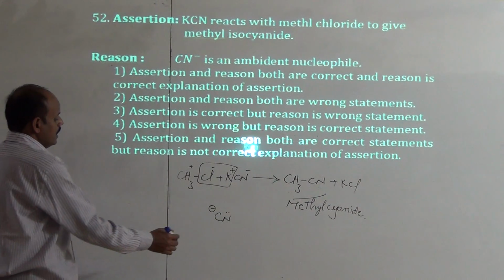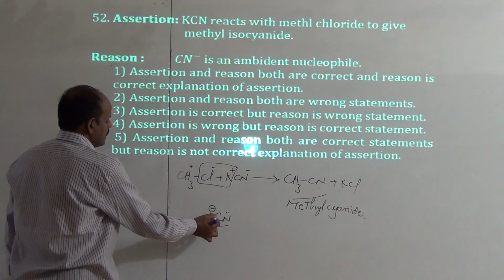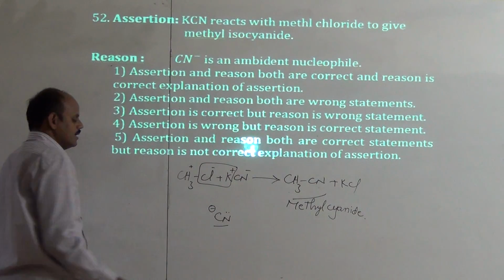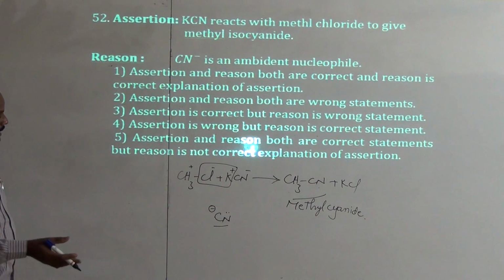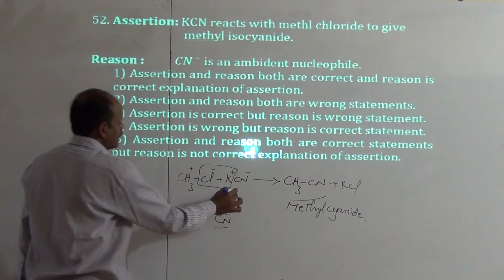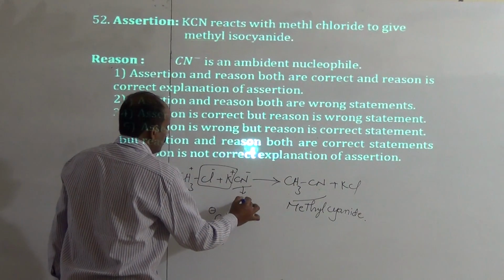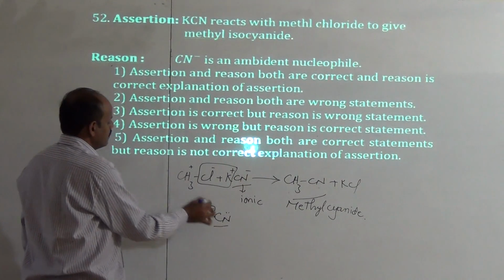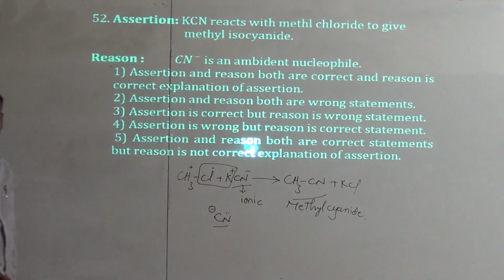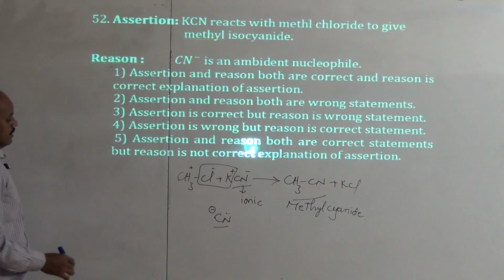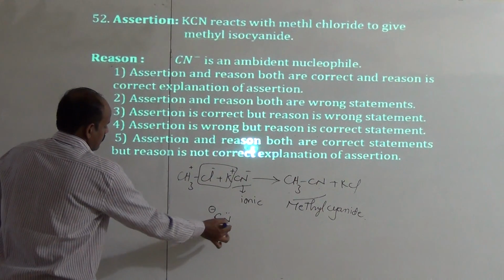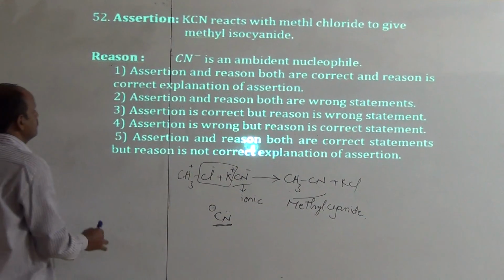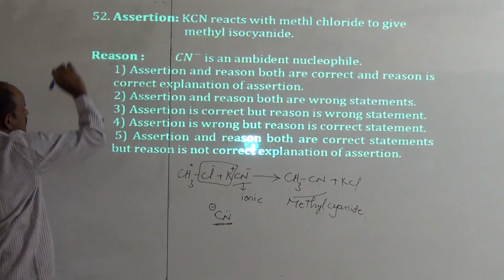Thus it is an ambidentate nucleophile, meaning either can attack, but KCN is more ionic. Hence the carbon of CN attacks this carbon. Thus we get cyanides. Even though it is an ambidentate nucleophile, C minus attacks this CH3. Thus the reason is correct only, but the assertion is wrong.